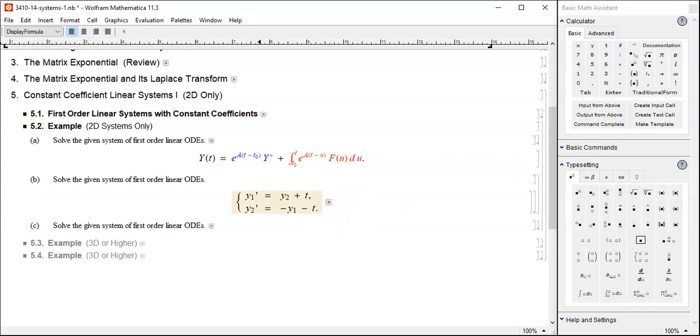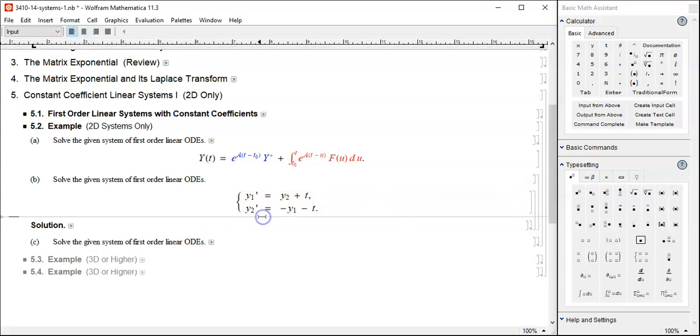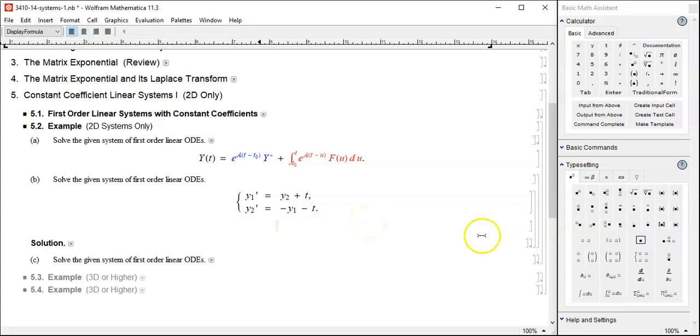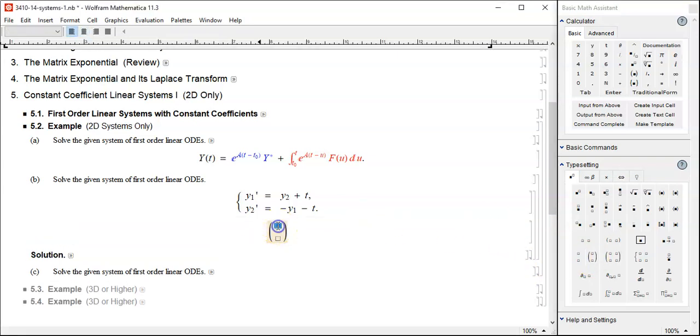Okay, here we go. What is the matrix expression of this thing? So y1 prime and y2 prime.